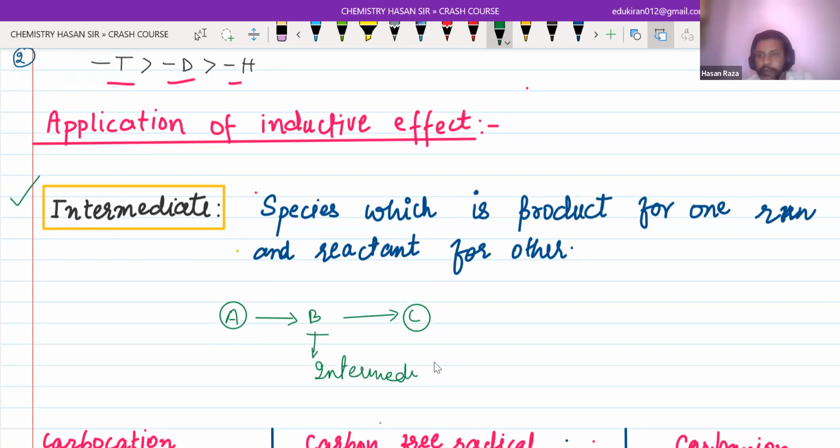Intermediate is the one which is a product for a reaction and a reactant for another reaction. That is called an intermediate. There are a lot of reactions that proceed through intermediates. Is that clear?